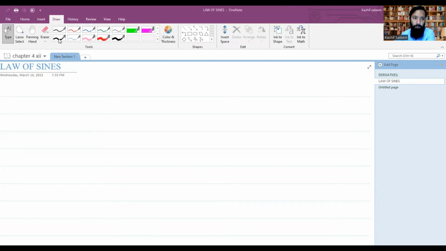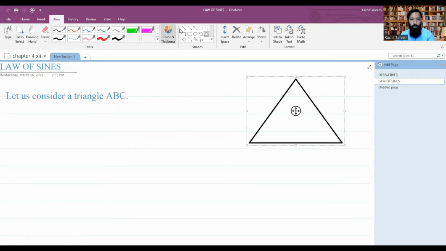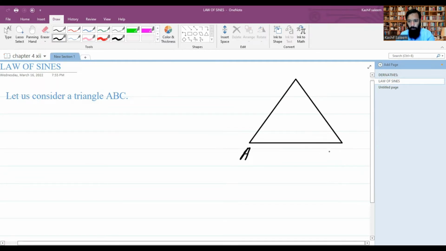So, let us consider a triangle ABC. Here this is A, this is B, and this is C. The capital letters are the vertices, and this is angle alpha corresponding to the vertex A. This is angle beta corresponding to the vertex B, and this is gamma.